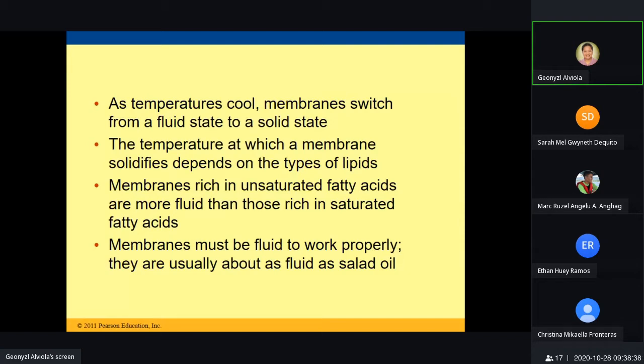We always suffer chills, but that's the reason of the lipids, it prevents us from solidifying immediately.